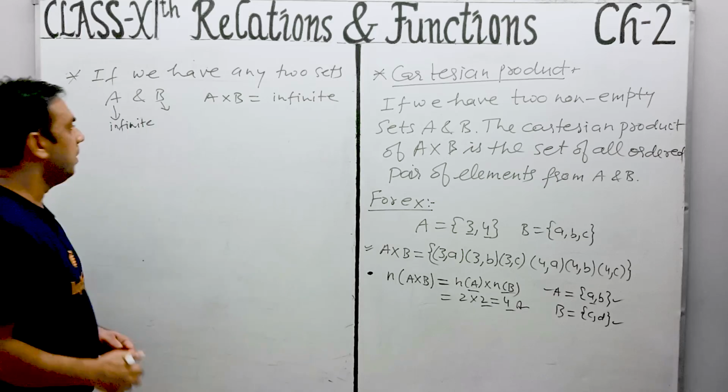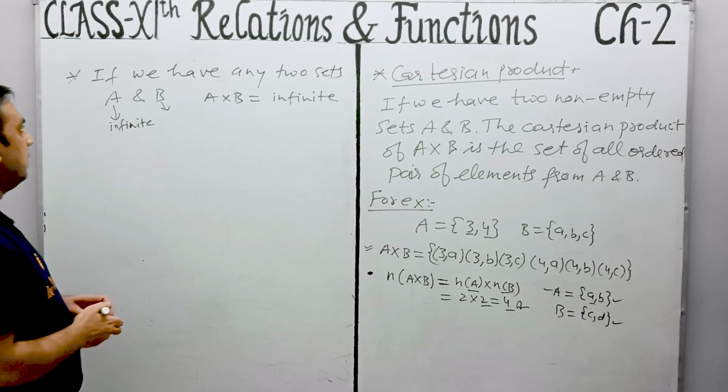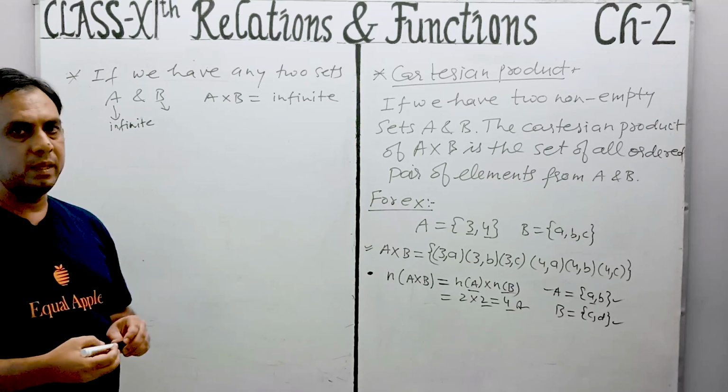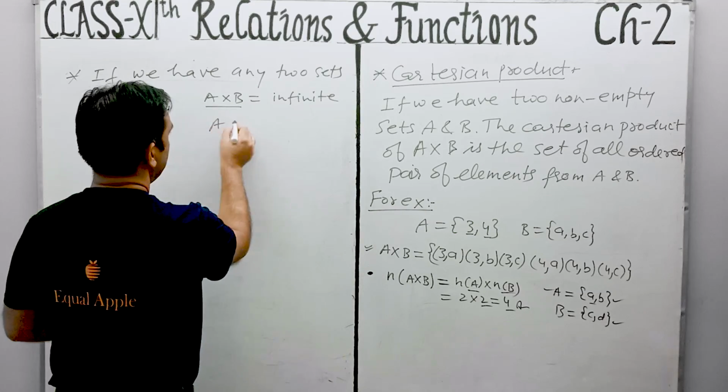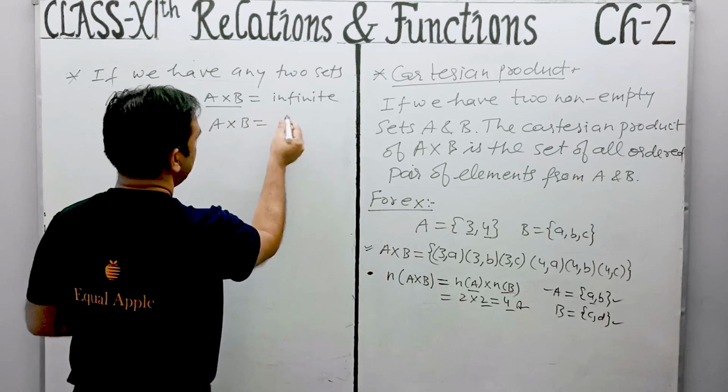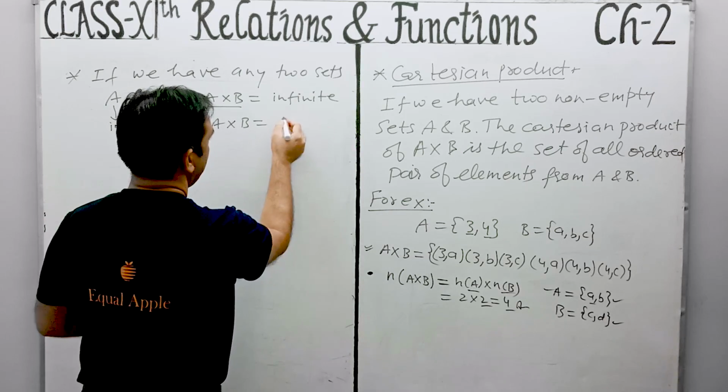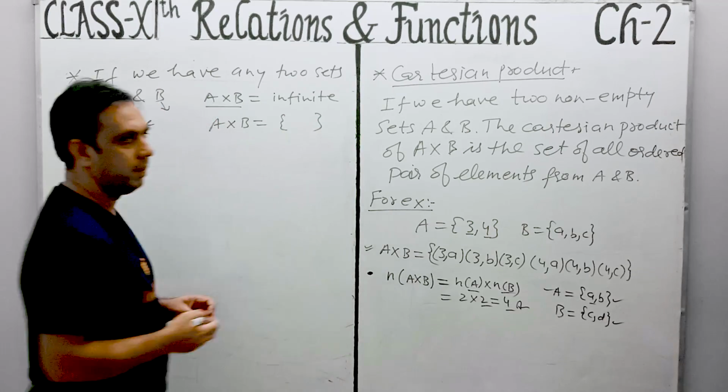If either A or B is an empty set, then the Cartesian product will have an empty relation, empty ordered pair.